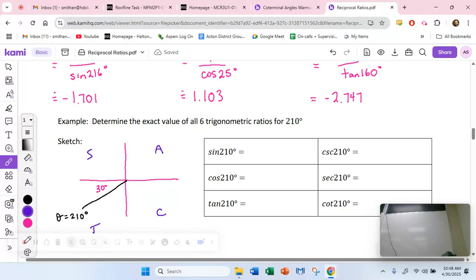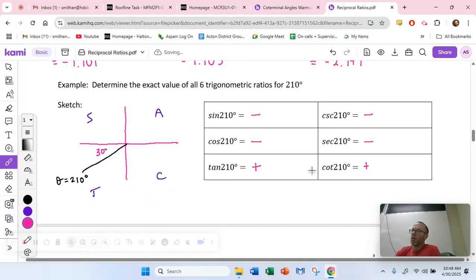We're in the quadrant where tan is positive, so the sine and cosine of 210 will be negative, negative, and positive, which will make the cosecant, secant, and cotangent also negative, negative, and positive. Because when you flip, you don't change the sign.